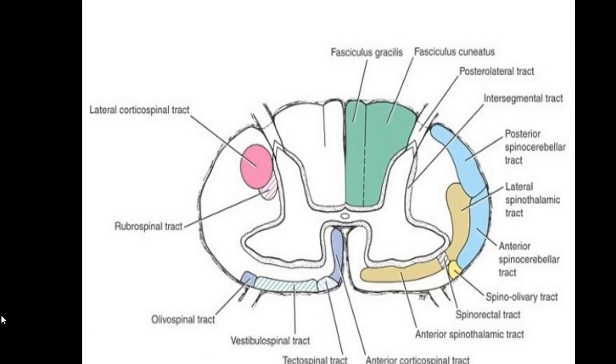In this diagram of the TS of the spinal cord, you can see the intersegmental tract lying at the periphery of the gray matter, all around in the anterior funiculus, the lateral funiculus, and the posterior.